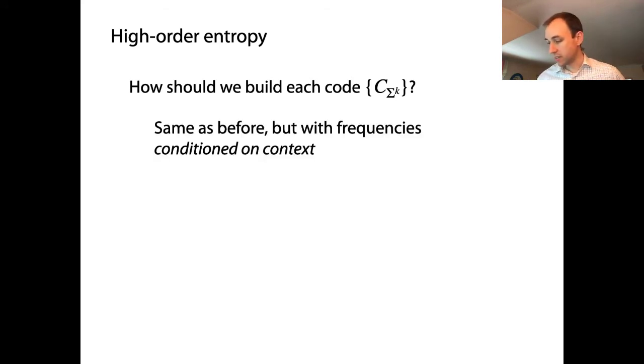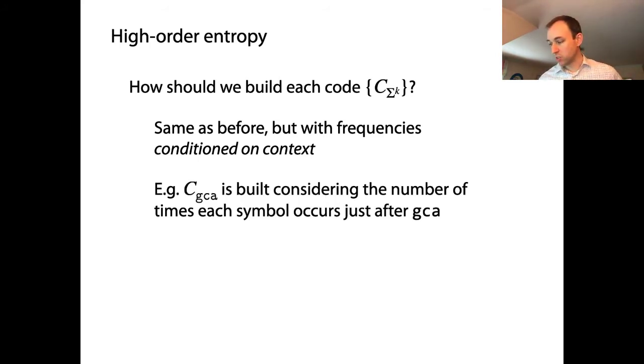So the idea is, same as before, but the frequencies are now conditioned on context. For example, the code for GCA is considering just the number of times each symbol occurs, let's say we're using left context, just after an occurrence of the string GCA.